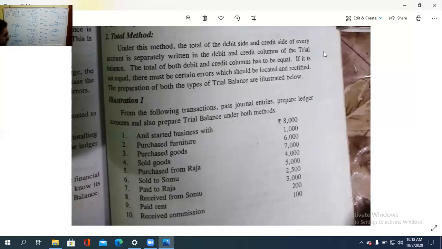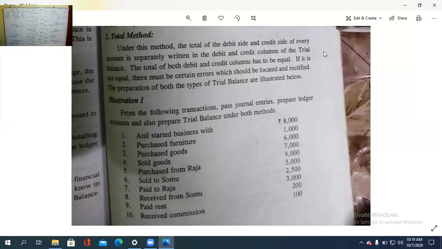So rent account debtor to cash, how much is it? 200. So by rent 200. Then this entry, cash account debtor to commission, how much? 100. And commission account by cash 100.